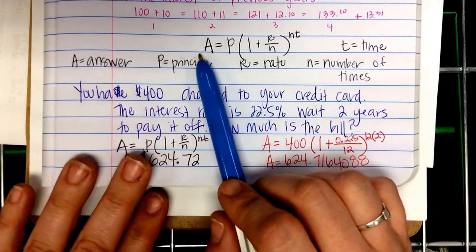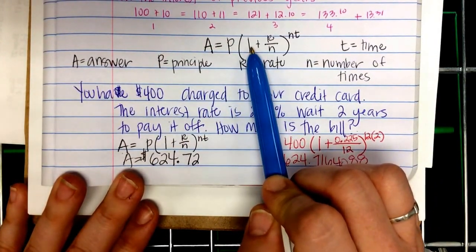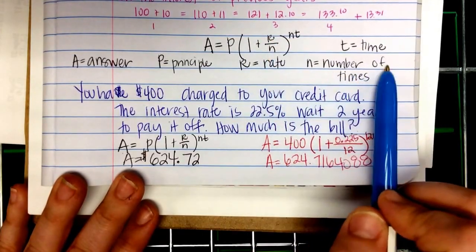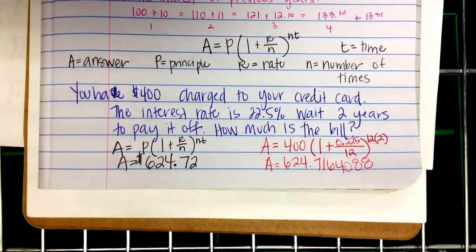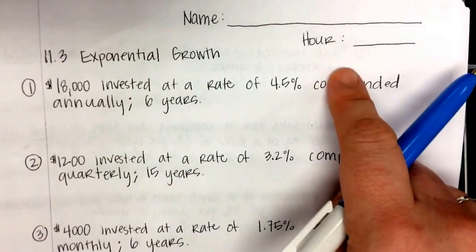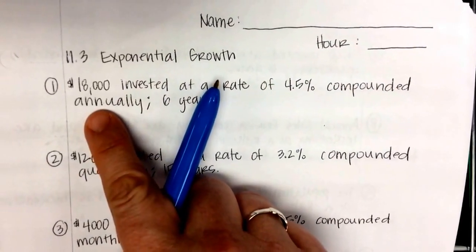So again, to use this formula, your principal, then the number 1 plus the rate, always as a decimal, and then the number of times. That's where it gets tricky sometimes. So like, if it's compounded annually, the number of times is 1.